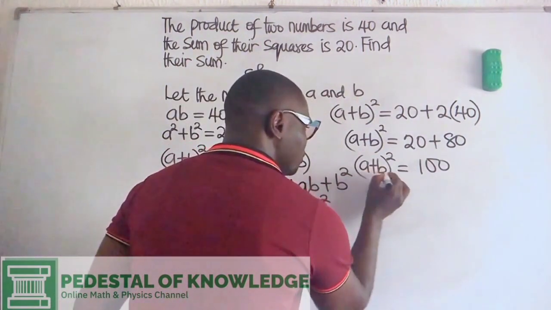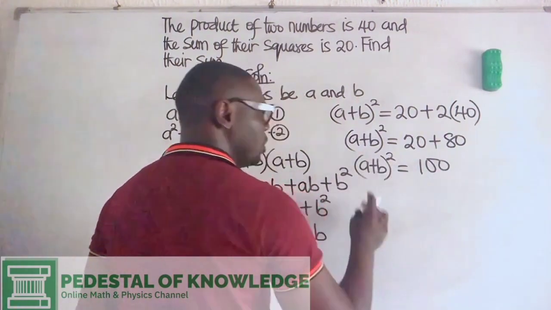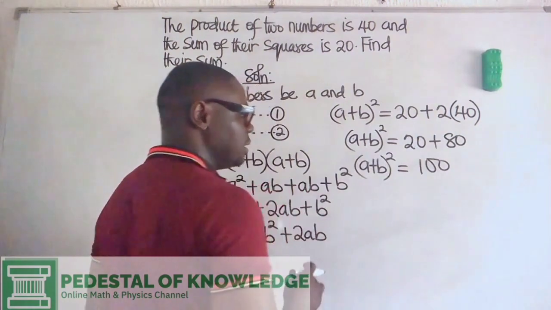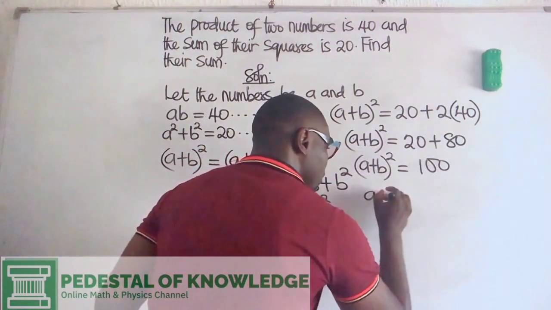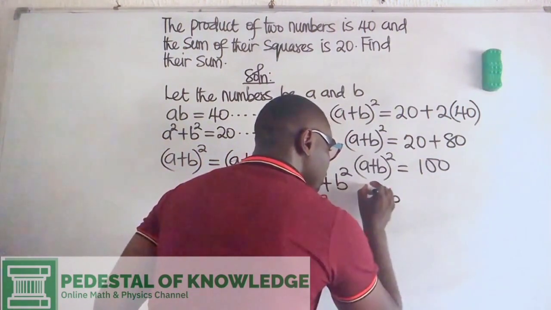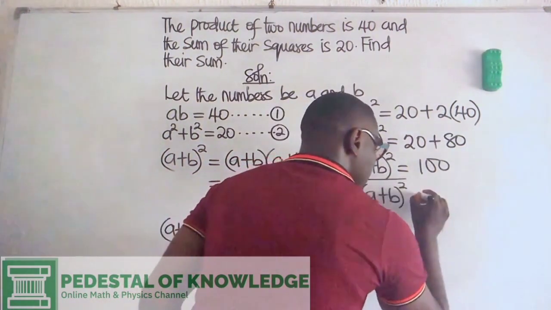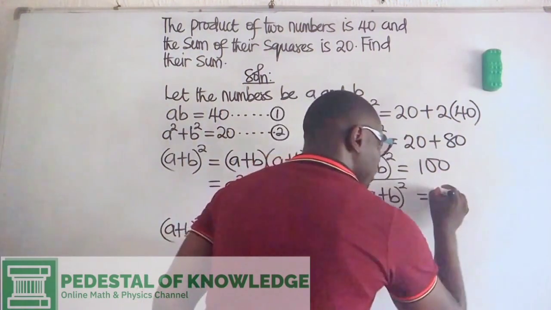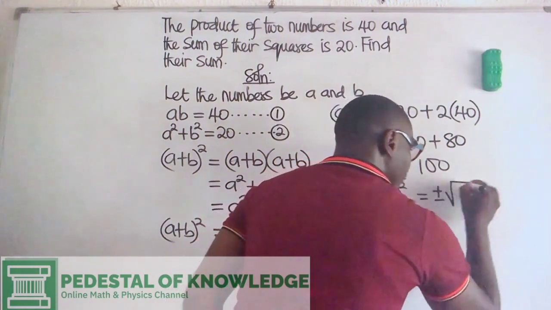Now, since A plus B all squared is equal to 100, to find A plus B, we're going to find the square root of both sides. Now, the square root on both sides: A plus B all squared is equal to, we're now going to introduce plus or minus the square root of 100.